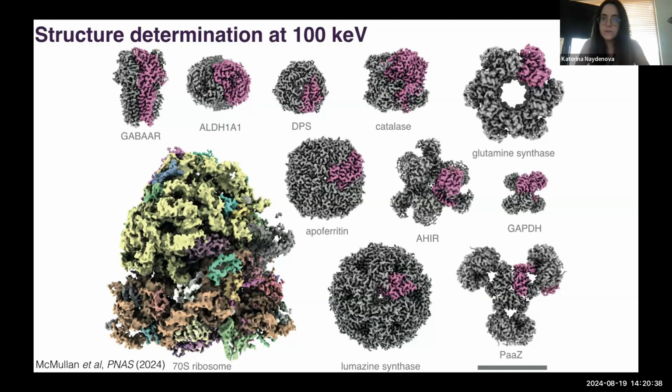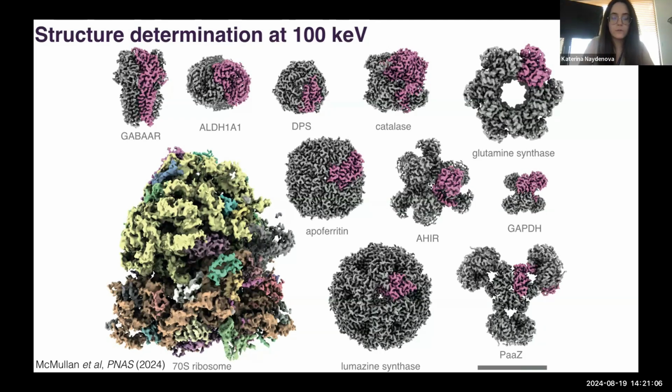They range from slightly less than 200 kilodalton in size to more than 3 megadalton, and they include soluble proteins as well as membrane proteins, proteins from bacteria as well as human proteins. All of this worked really nicely, and the resolutions of the different reconstructions are mostly in the 3 to 4 angstrom range.